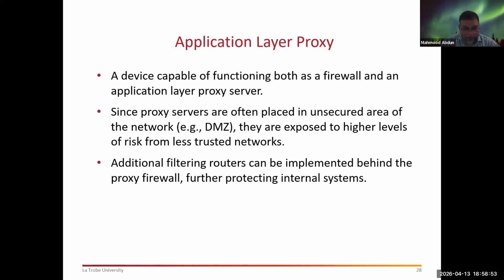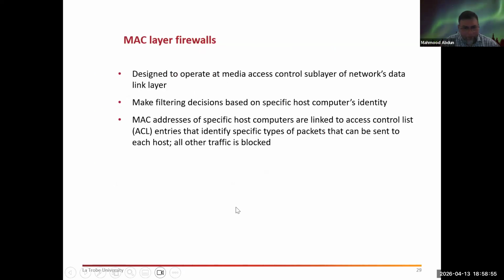So anyway, let's have a look at the MAC. We talked about MAC layer firewalls. I won't be talking much about it. It's just looking at MAC addresses and writing access control lists based on MAC addresses. So MAC addresses are addresses of the devices, right? And that can be easily spoofed. So MAC layer firewalls are not really effective.